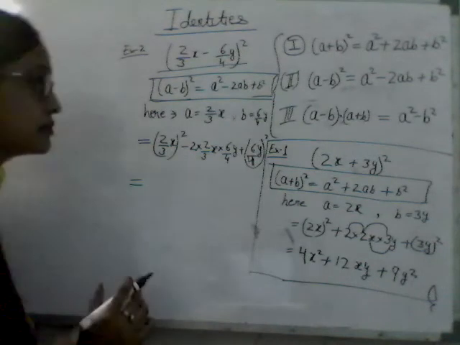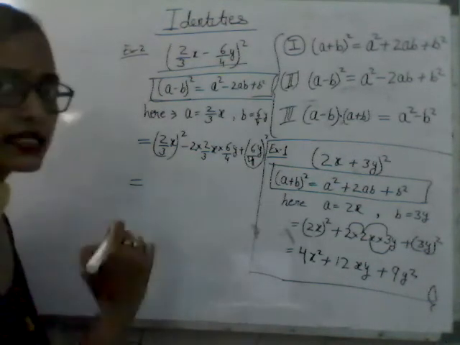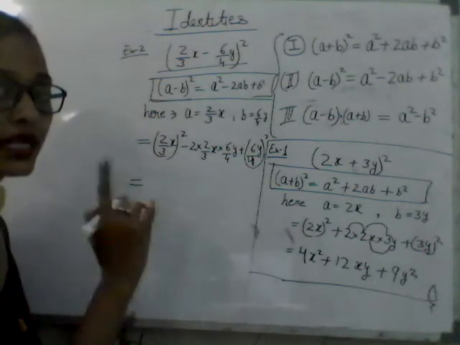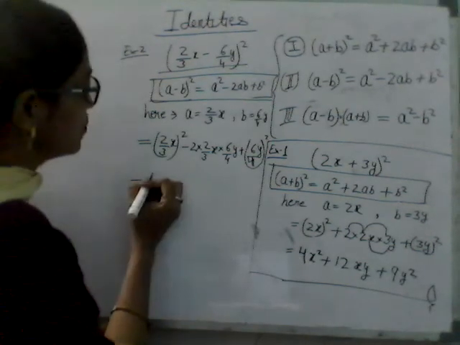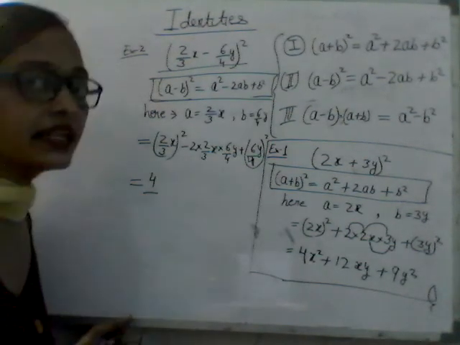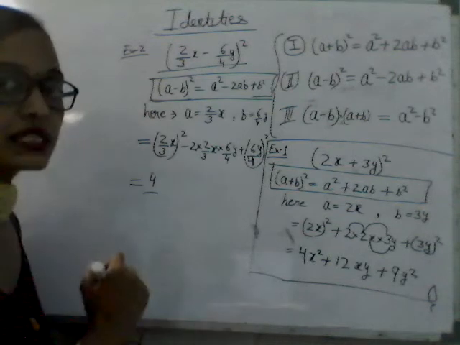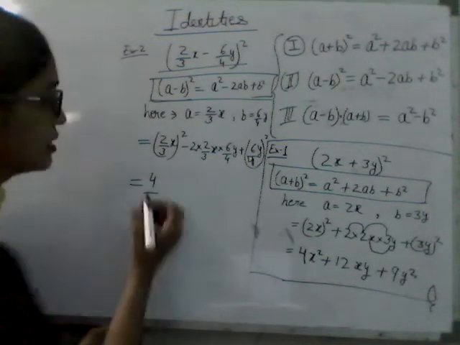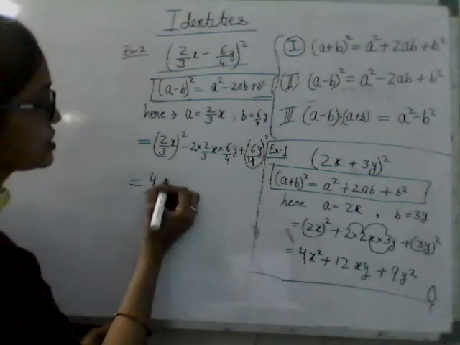Now (2 upon 3x) whole square means 2 square, 2 times 2 is 4, upon 3 square, 3 times 3 is 9, so 9x square.